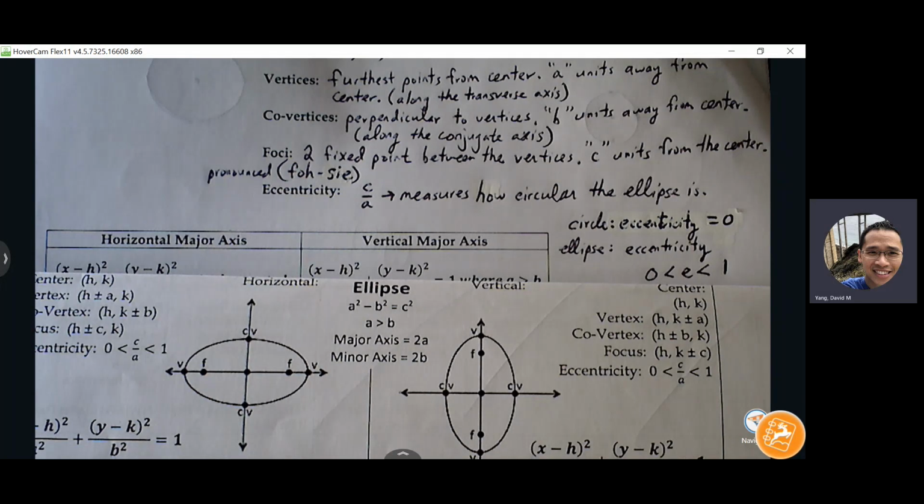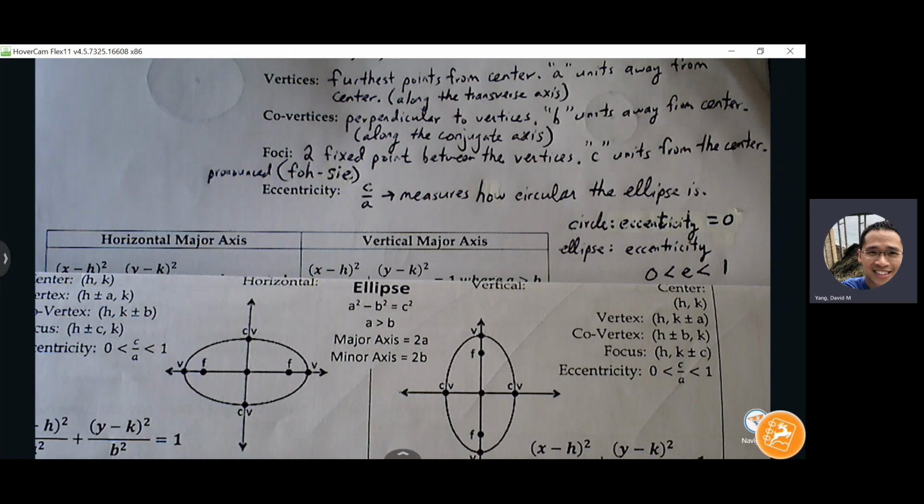And then your co-vertex axis will always be shorter than your distance from vertex to vertex. So we call the distance from vertex to vertex the transverse axis, and the conjugate axis is the distance from co-vertex to co-vertex. And the distance from the center to a co-vertex is the B value.